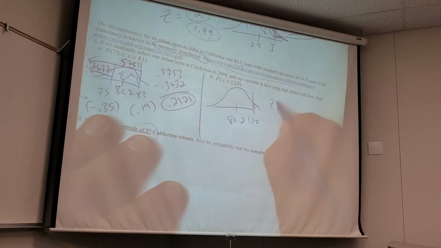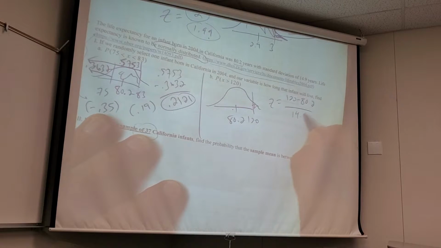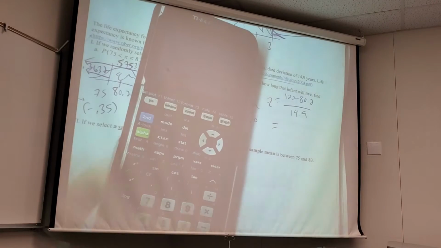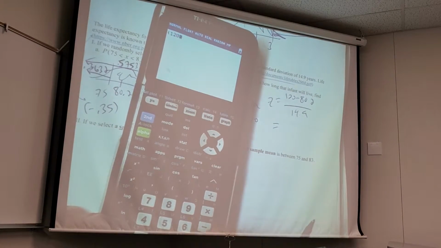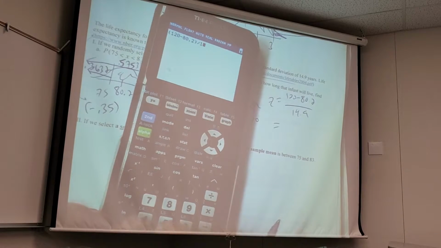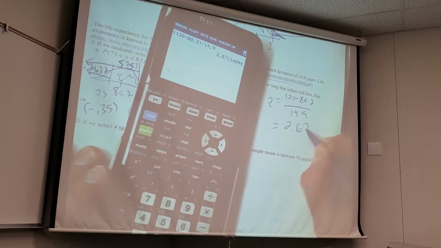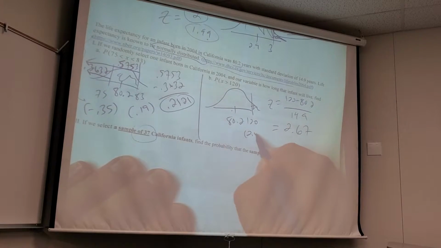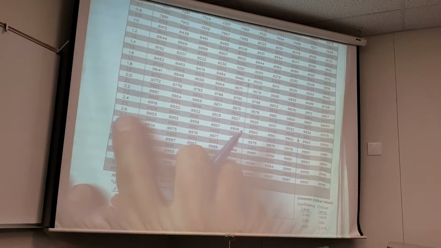So then you make a z-score. And let's see. Get 2.67. Look up 2.67.